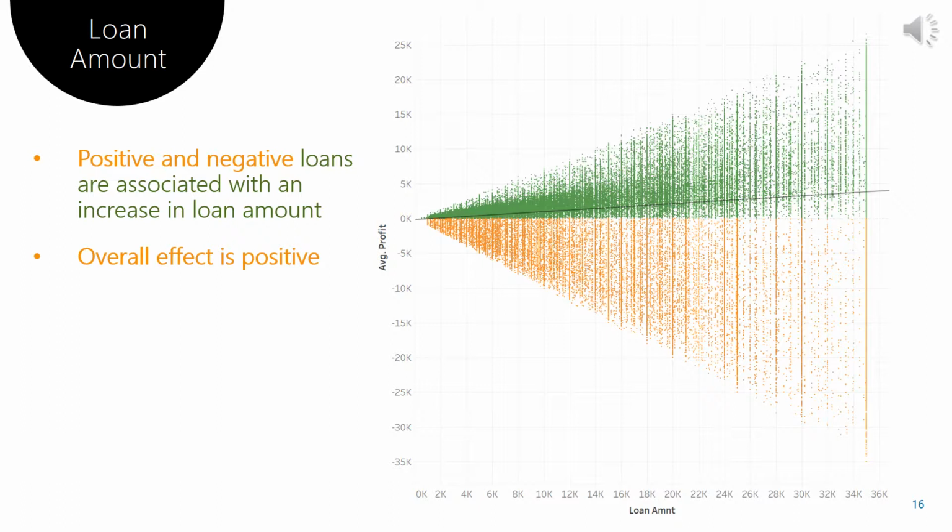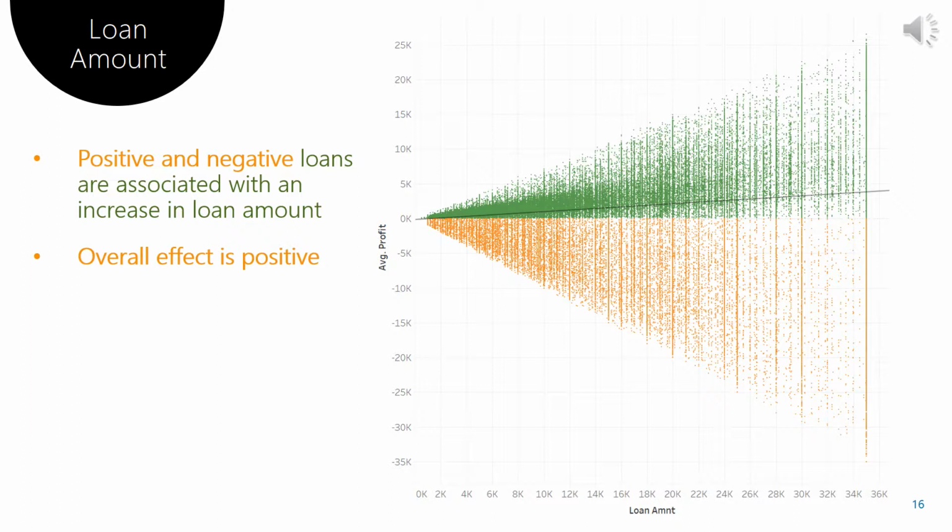You can also see the green is very dark in the areas close to 0 as it moves out, as loan amount increases. So we're seeing a lot more data points that show an increase in profit as loan amount increases.